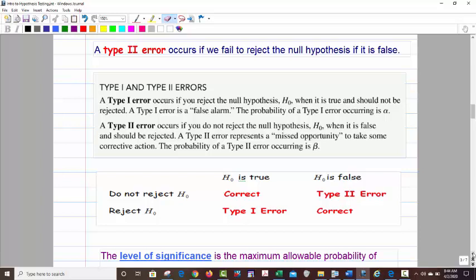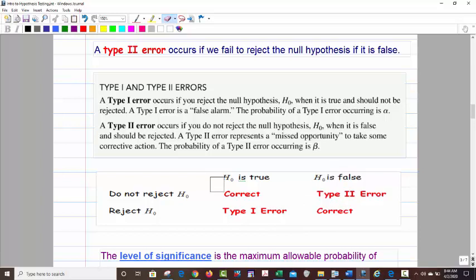So it's not equally weighted, but it's just saying, for example, kind of read the row with the column. So if you did not reject the H0 and the H0 was true, that would be correct. In other words, you didn't say it was wrong and it was correct. So that's good. Right below it, you rejected the H0 when the H0 was true. You made a type 1 error.